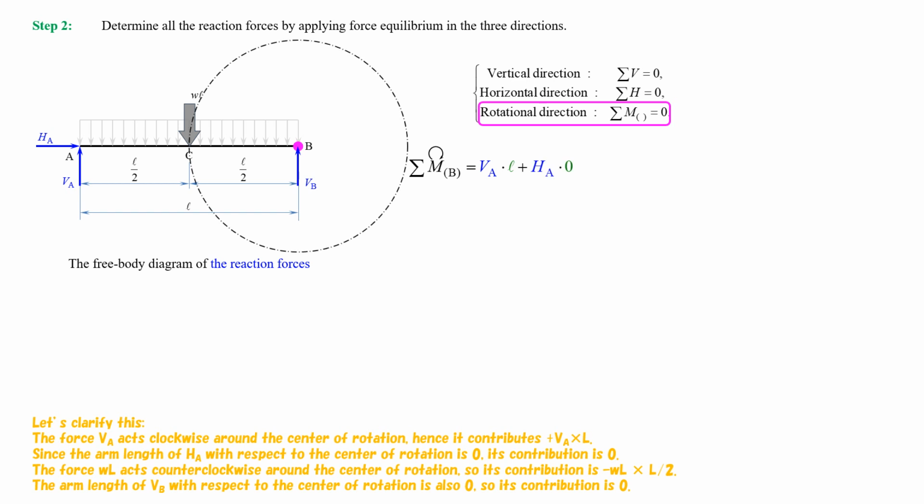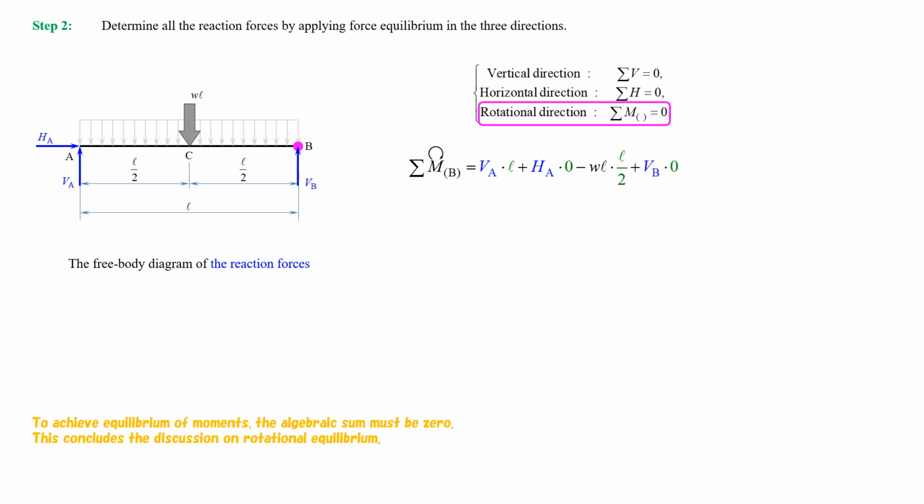The force W multiplied by L acts counterclockwise around the center of rotation, so its contribution is minus W multiplied by L, and multiplied by 1/2 of L. The arm length of VB with respect to the center of rotation is also 0, so its contribution is 0. To achieve equilibrium of moments, the algebraic sum must be 0. This concludes the discussion on rotational equilibrium.